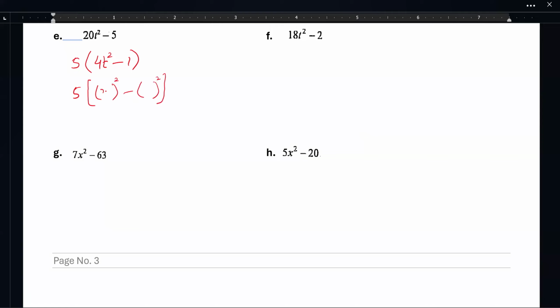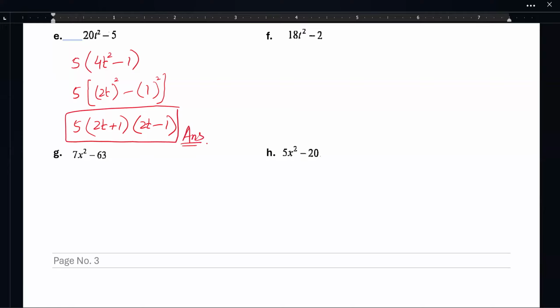It's going to be 2t and this is 1. I can apply the identity according to this. You will write two brackets, one with the plus sign, other with the minus sign. This is your final answer.